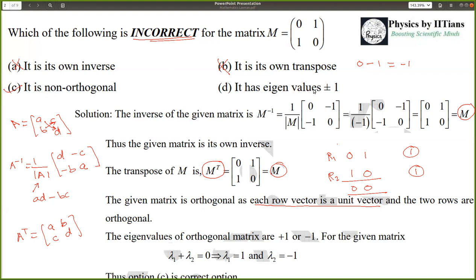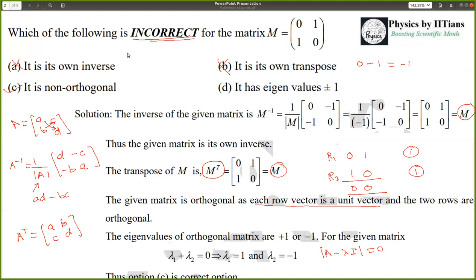Let's check the fourth option as well. You have been asked to find the eigenvalues. The basic method of finding eigenvalues is writing the characteristic equation. The characteristic equation is written as determinant of A minus lambda I equals 0, where A is the original matrix, lambda represents the eigenvalues, and I is the identity matrix of the same order as A. In this case, M is the original matrix of order 2.